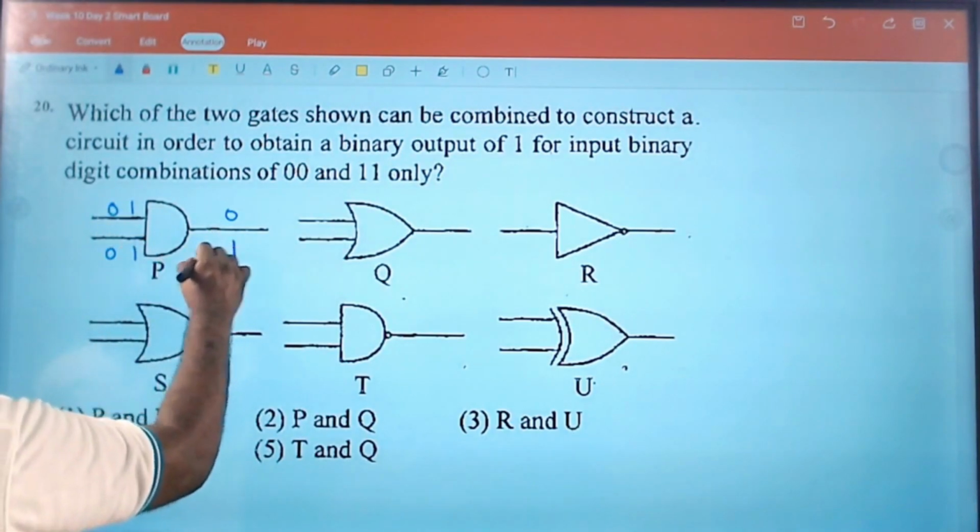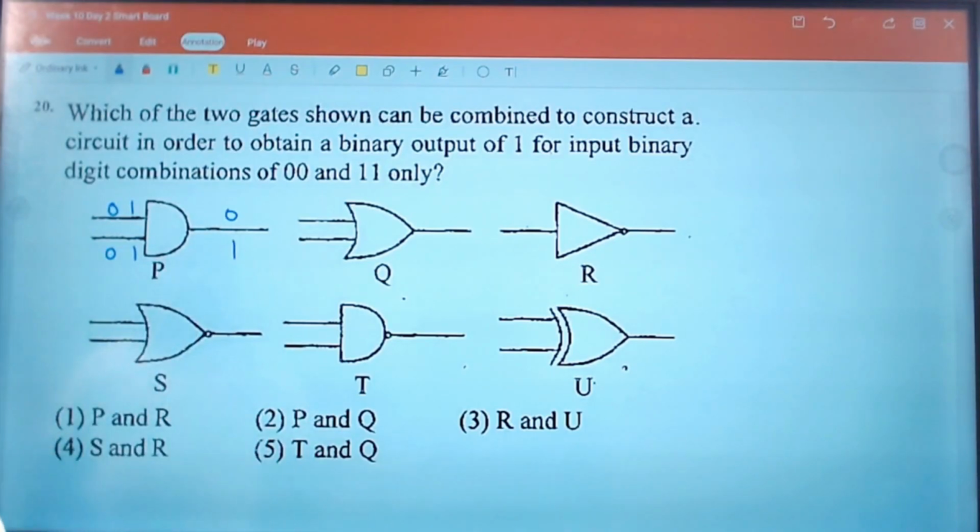One is 1. Right? Which of the two gates shown can be combined to construct a circuit in order to obtain binary output 1 for input 0 0?